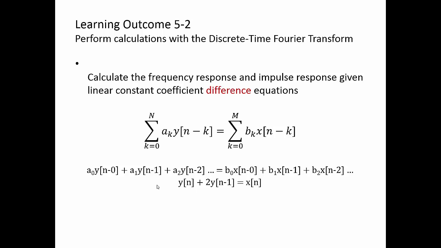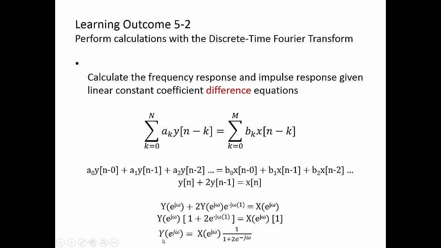Well, here we're also going to take the transform of each term, but it's the discrete time Fourier transform, group like terms, and we know that y of e to the j omega will be x of e to the j omega times h of e to the j omega. Therefore, h of e to the j omega is this. How do we get the impulse response? We take the inverse discrete time Fourier transform of this. Just look in Table 5.2 for that. And you'll see us taking some inverse transforms in the next section.